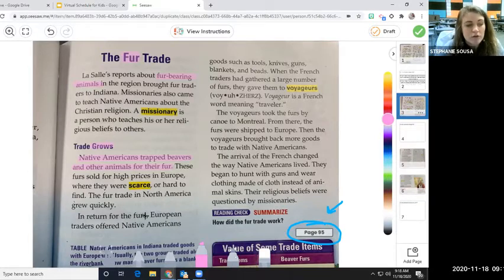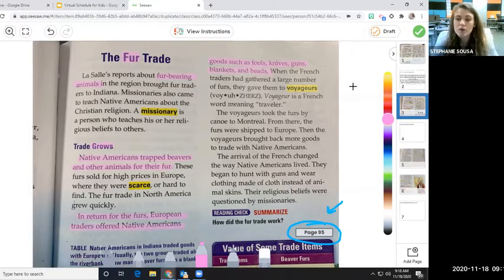In return for furs, European traders offered Native Americans goods such as tools, knives, guns, blankets, and beads. So that's what they were trading with the Native Americans. I'm going to highlight that.